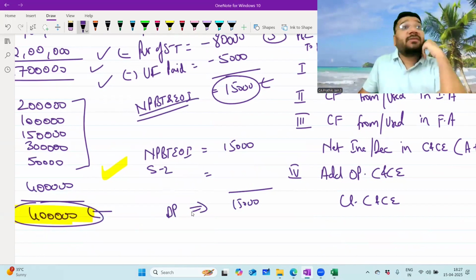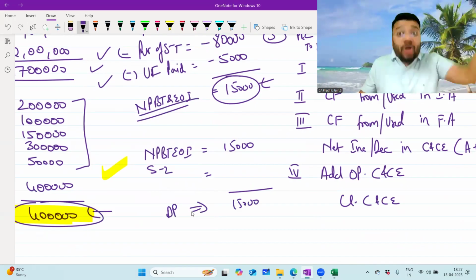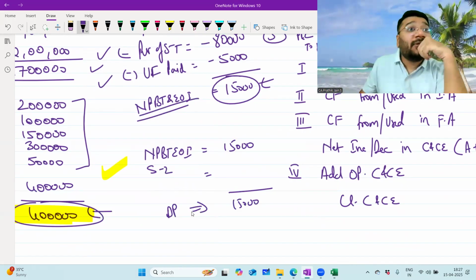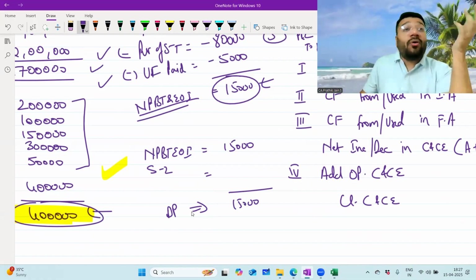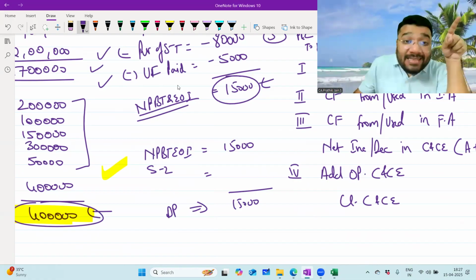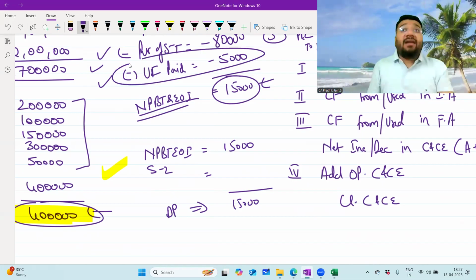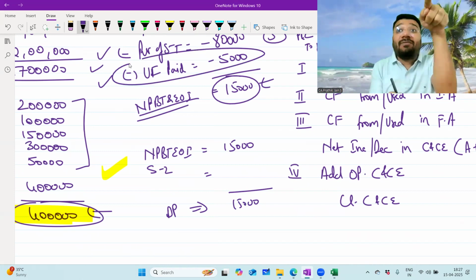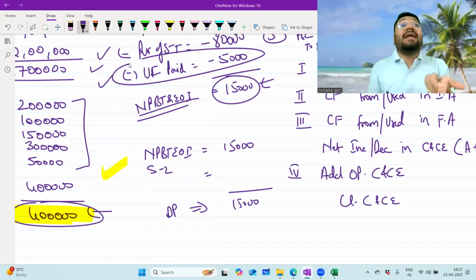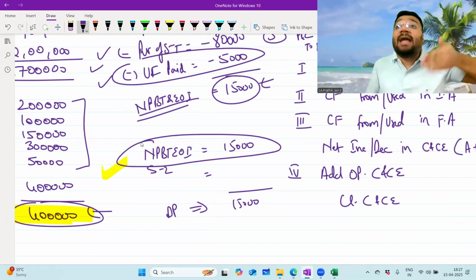Cash paid, no boss. In the previous cases, cash paid was not there, so you reversed it. Here, what is the problem? Sir, cash paid is right. But is it an operating activity? No. This is related to financing activity. What you minus is right. Minusing is right because it is a cash outflow, but the place where you've subtracted is wrong. It is in operating activity, because net profit before tax and extraordinary items is the starting point of operating activity.